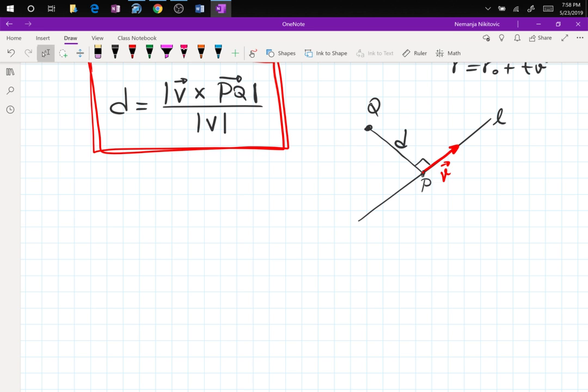Is there anything else that is cool that we can calculate? I almost forgot the intersection point between the lines.